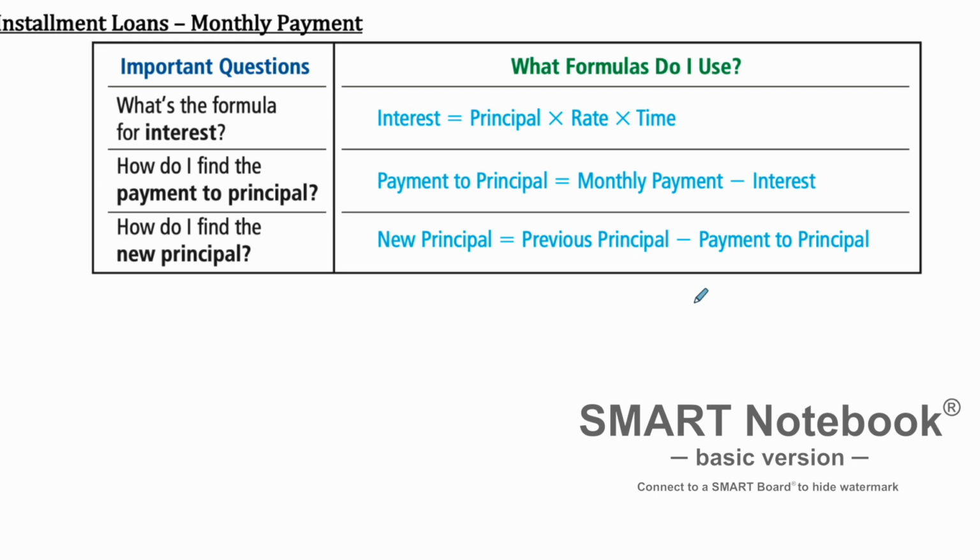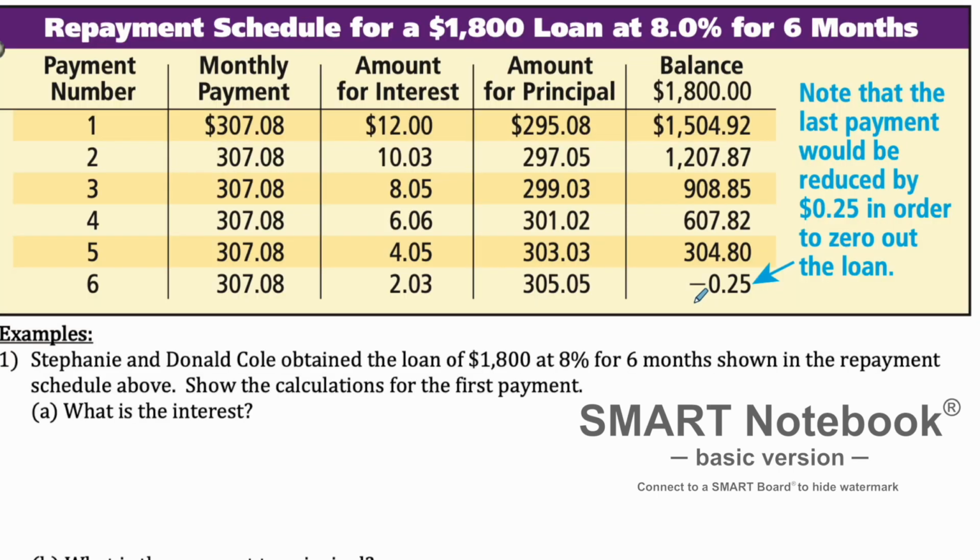Now on page, I forget what page it is, 224 or something like that in your textbook, you'll see this table here. There is a copy of your textbook in the materials section of Google Classroom, and this is the table that's in there.